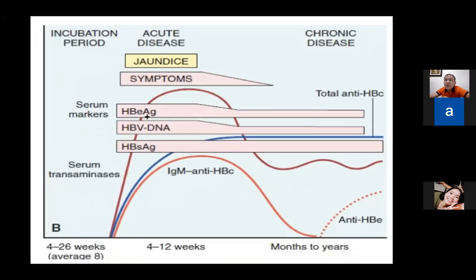But in immune clearance, you have lower DNA but higher liver enzymes, so that means more inflammation. That is where the difference lies, but they are both HBeAg positive.